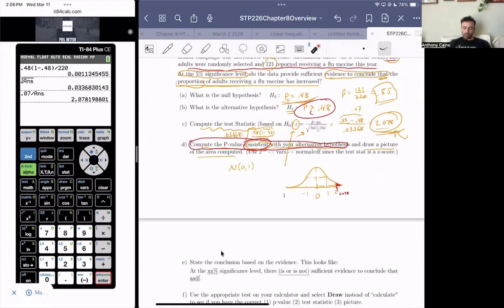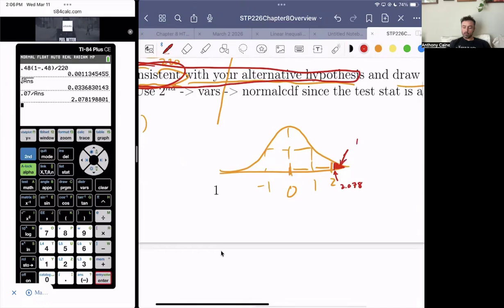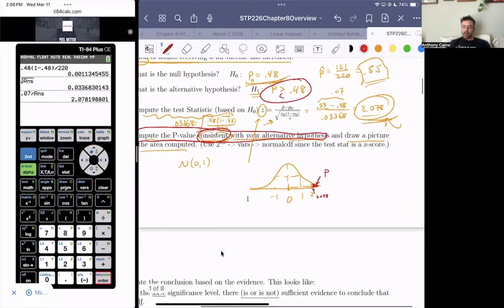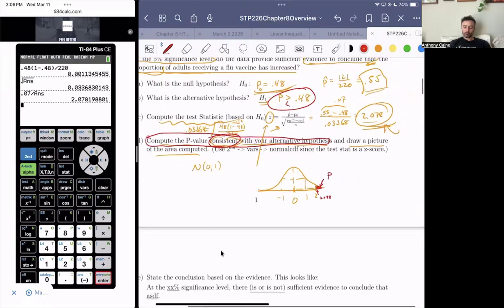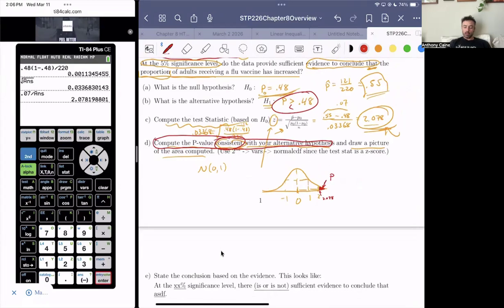Okay, so part D, I want to compute the p-value consistent with the alternative hypothesis. Consistent with the alternative lets me know it's this area that I need to compute. That area is my p-value. And draw pictures, that's what I've done here. Now to compute the p-value, you use second vars normal CDF.